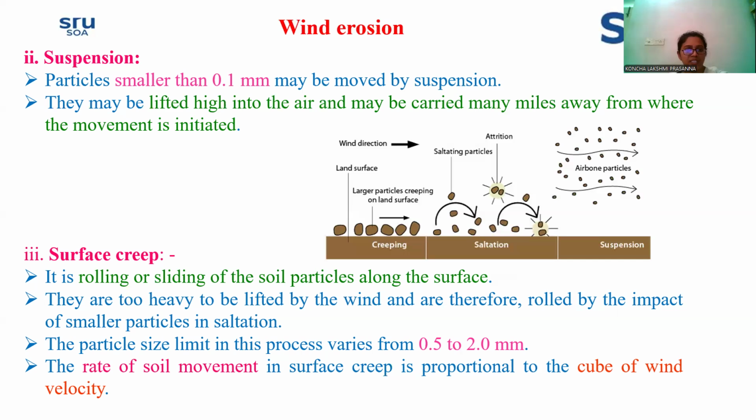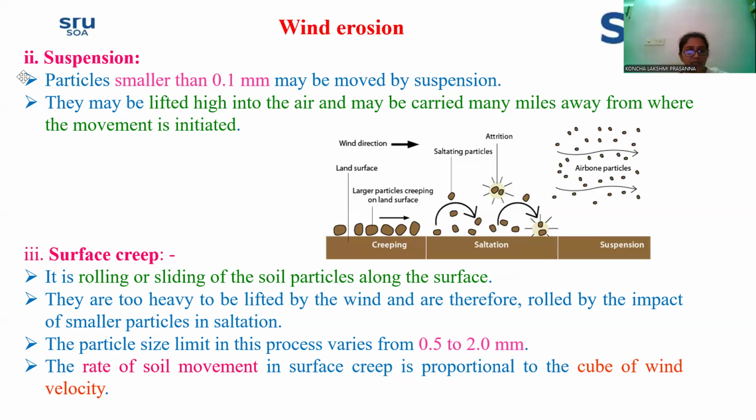Next is surface creep. Surface creep is the rolling or sliding of soil particles along the surface. Here the particle size varies from 0.5 to 2 mm, and the rate of movement of soil particles in surface creep is proportional to the cube root of wind velocity.